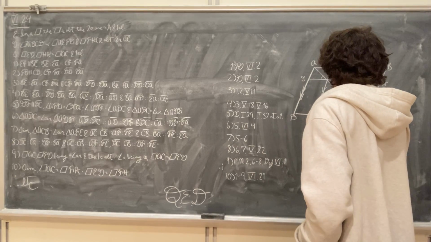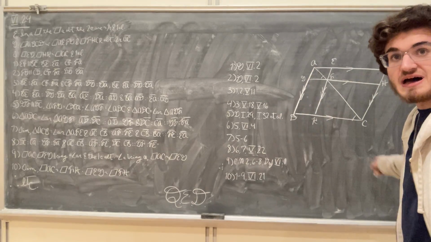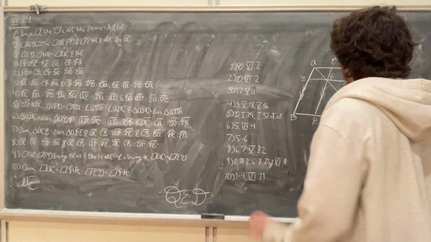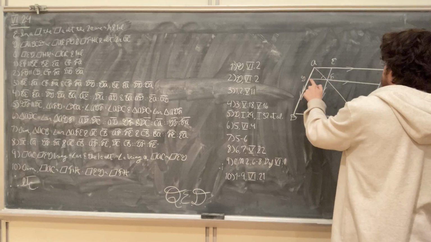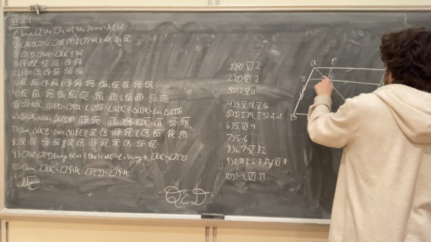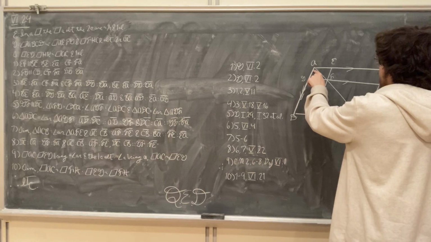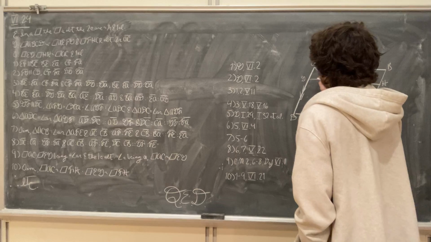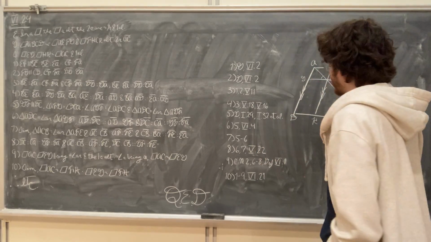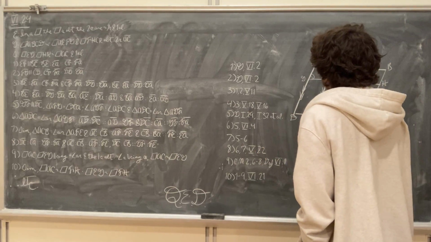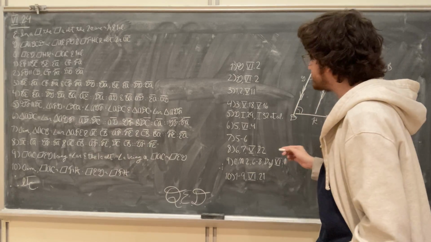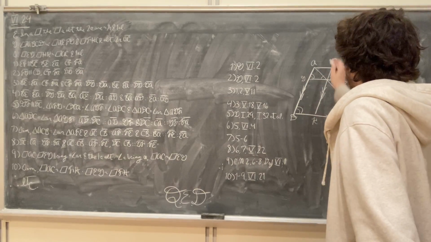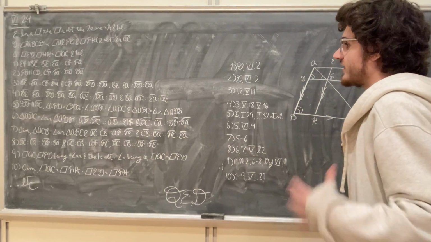Now, GF being parallel to DC, we can say by proposition 1-29 that the angle AFG is equal to the angle ACD, because these are corresponding angles, which means by proposition 1-29 they are equal to each other. And with the two triangles AFG and ACD, they have one angle equal to one angle, a second angle which is common to both, so a second angle that is equal to a second angle, which means by proposition 1-32 and some other stuff, that the third angle AGF is equal to the third angle ADC, which means that the two triangles AFG and ACD are equiangular.